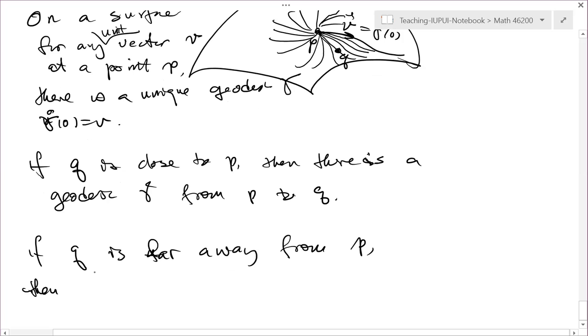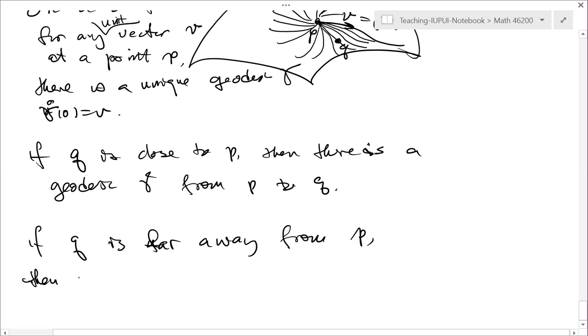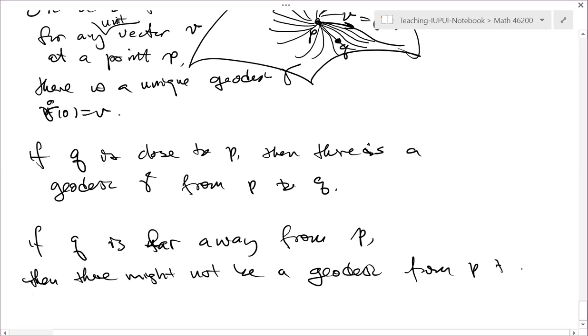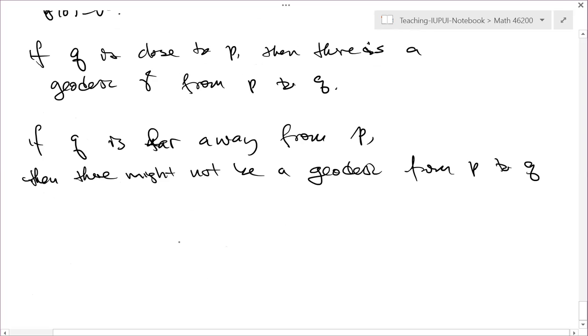It cannot reach that point. Then there might not be a geodesic from P to Q. I'll give you an example.